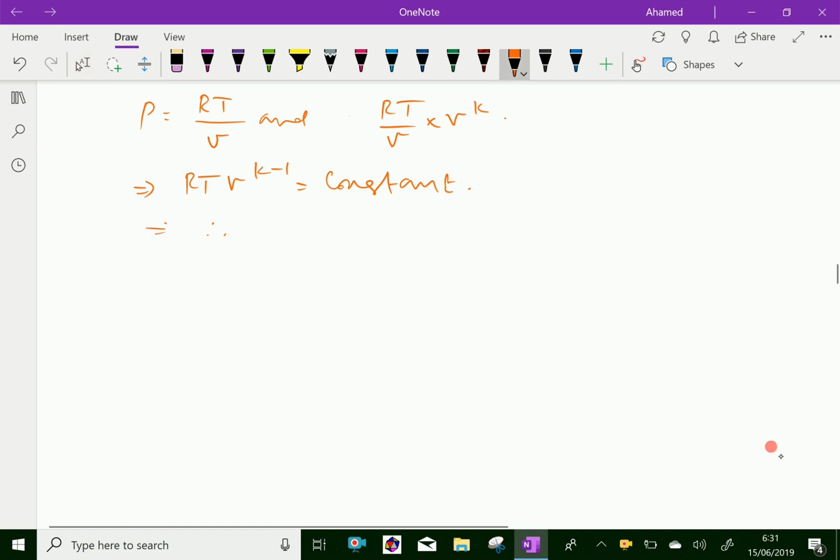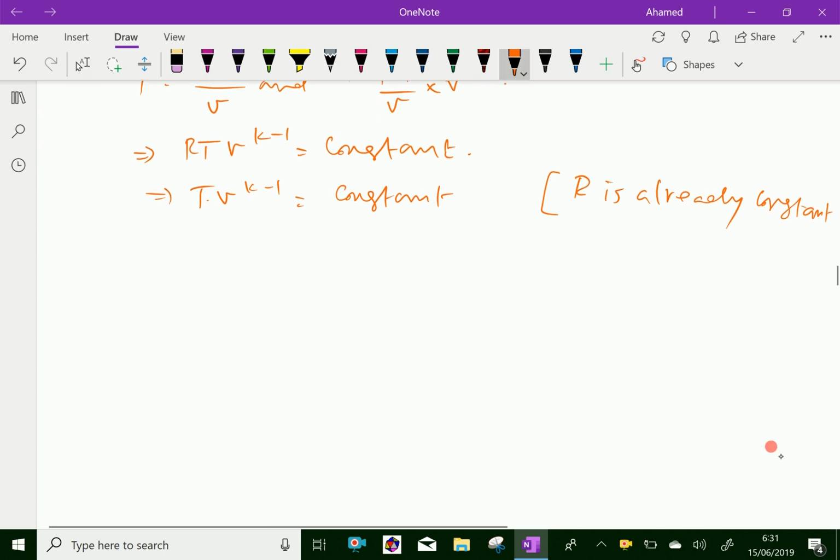Therefore, further we can write T into V power K minus 1 equal to constant, because R is already another constant.